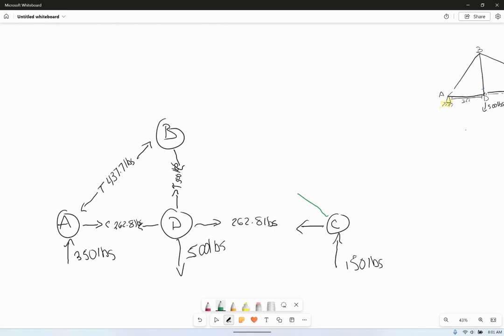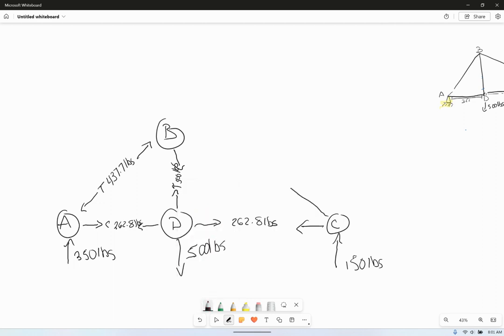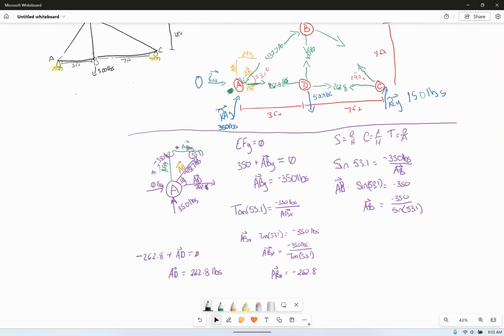So let me get the right color here. This was correct in saying that this is going to be in compression of, and what did we say that was?